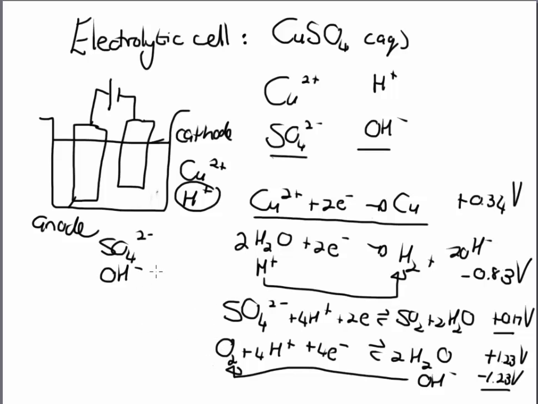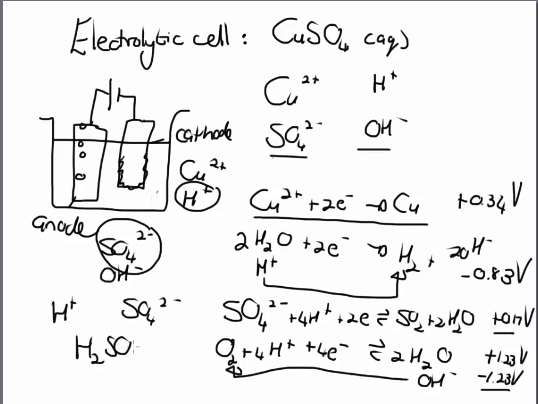Remember that this is going to happen at our anode, so we will see oxygen bubbles form that will be released. At our cathode, we will see a copper residue form. We therefore see that our SO4 2- is the ion that will not react, and we end up having H+ ions and SO4 2- ions in solution that will not react, and this forms H2SO4.